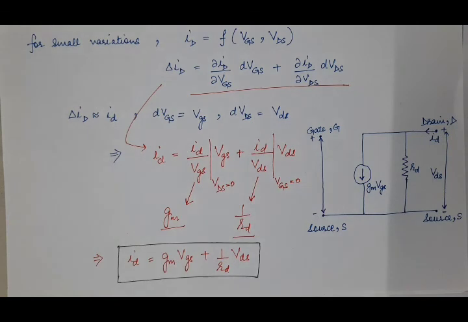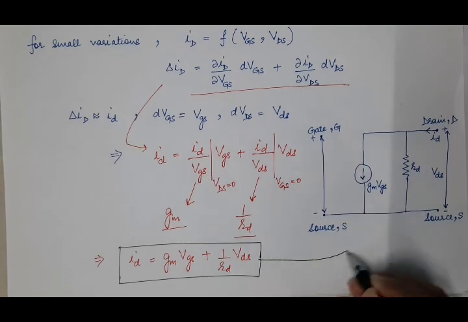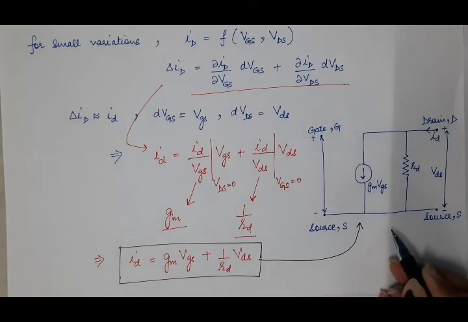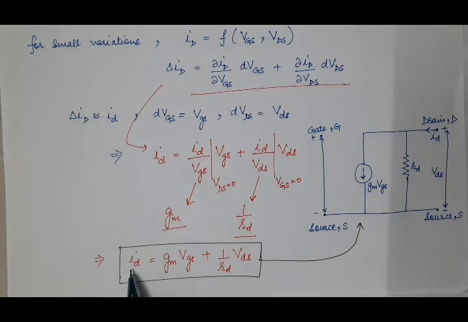Now we will draw the equivalent circuit of FET corresponding to this equation. This is the equivalent circuit of FET. How? Here we have drain current, which is equal to these two terms.